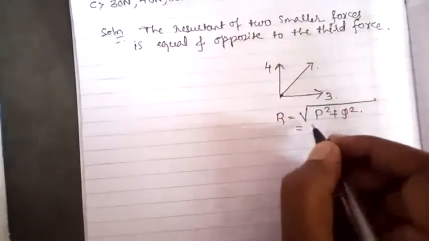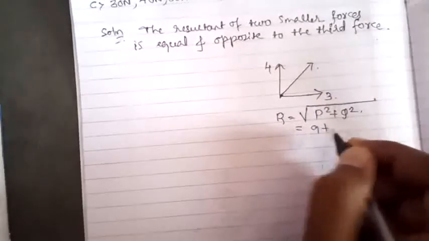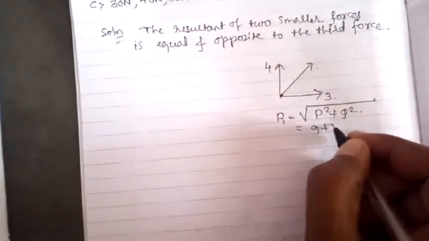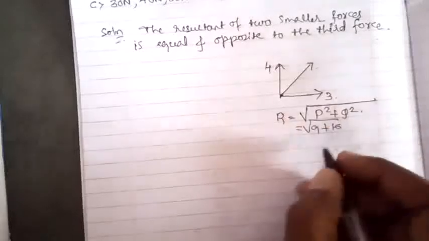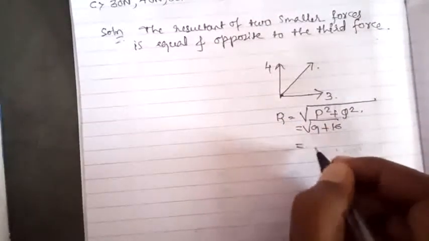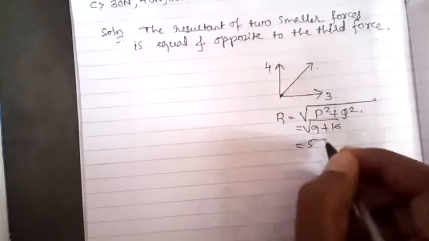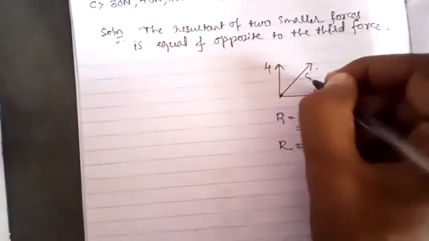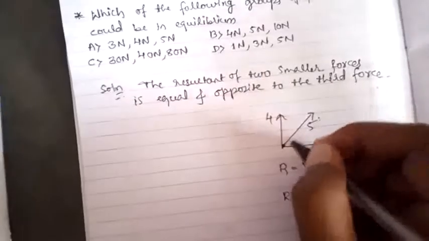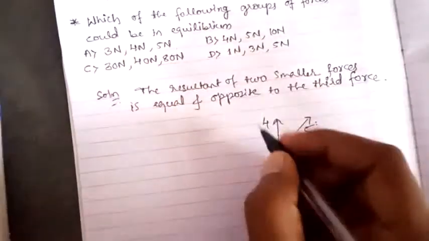P is nothing but 3, 3 squared is 9, then 4 squared is 16, then the square root of 9 plus 16, that is 25, the square root of 25 is 5, and this 5 is equal and opposite to the third force.